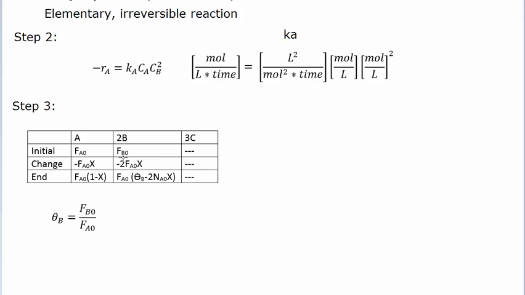And the way we did that is we simply said, okay, call this FA naught theta B, so we could pull the FA naught out over here.